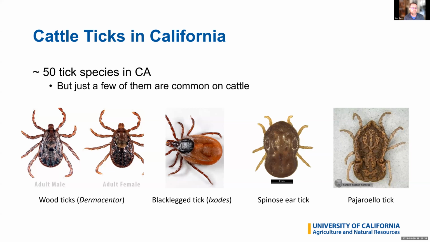The adult male will take blood, but it doesn't take a lot of blood. It takes a very small meal. And so it can have this hard plate on its back, and it doesn't need to expand its body to take a big meal. The female tick, just to the right of that, doesn't have the hard plate covering the entire back of its body. It's actually got a very small plate or shield on maybe the first third of its body.